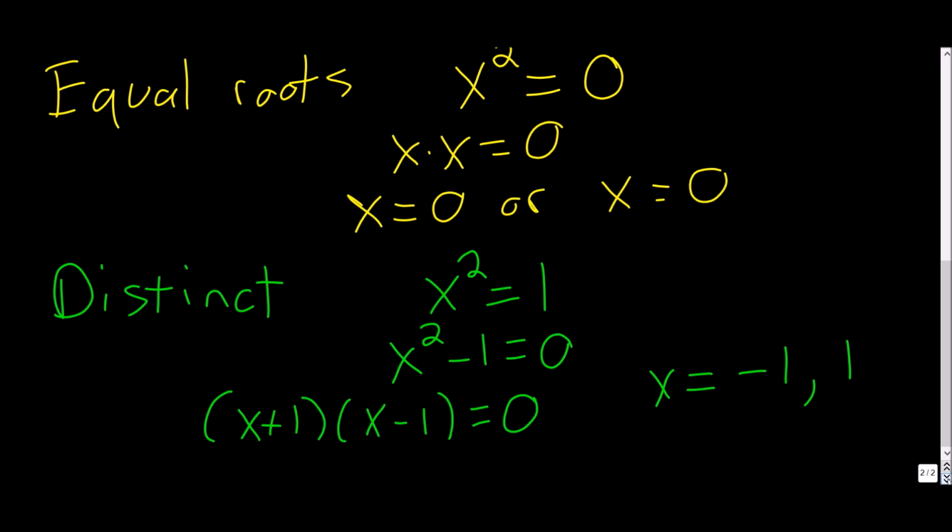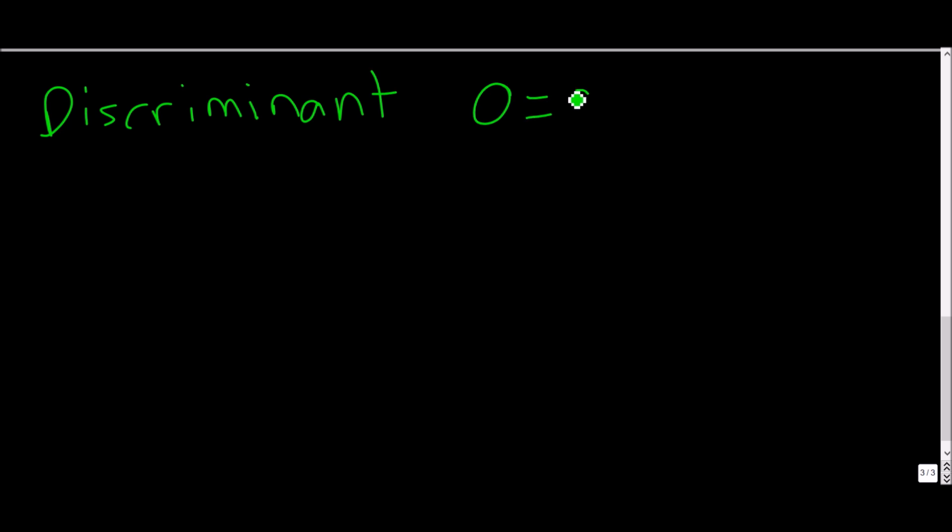Okay, so a discriminant. This goes back to our quadratic equation. Our quadratic equation that we had earlier was 0 equals ax squared plus bx plus c. Remember, we said that a could not equal 0.